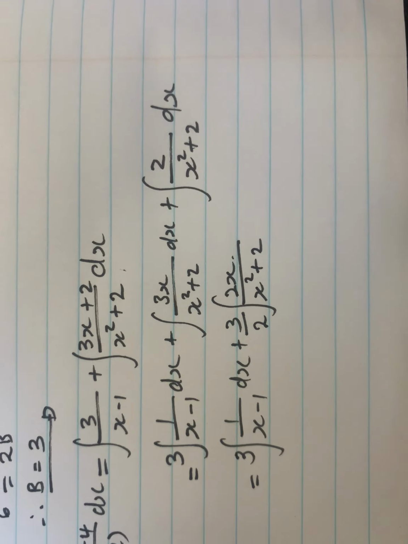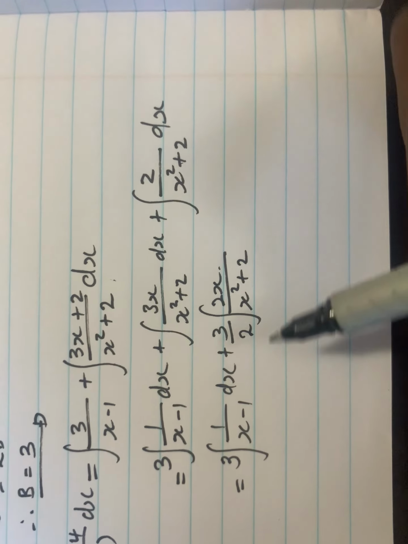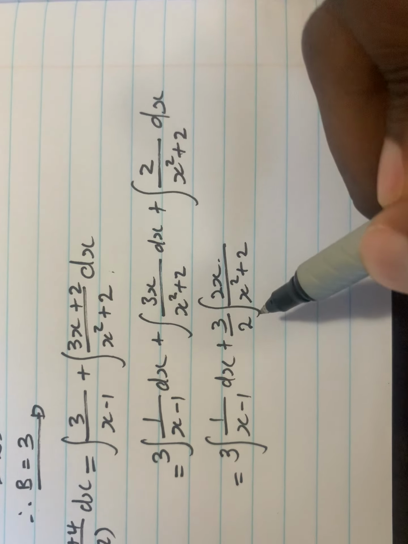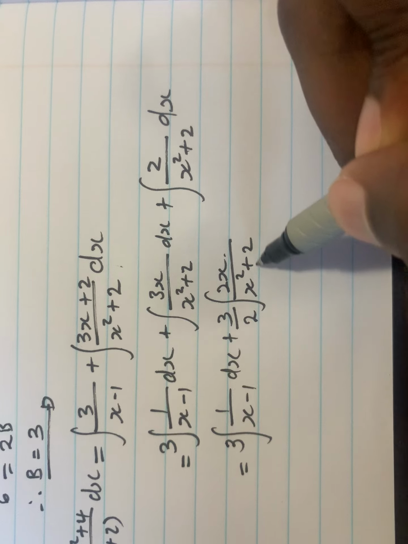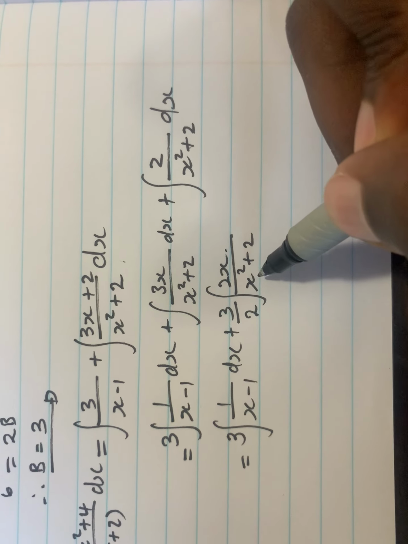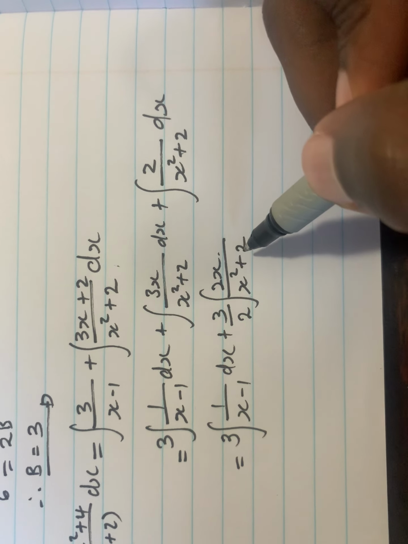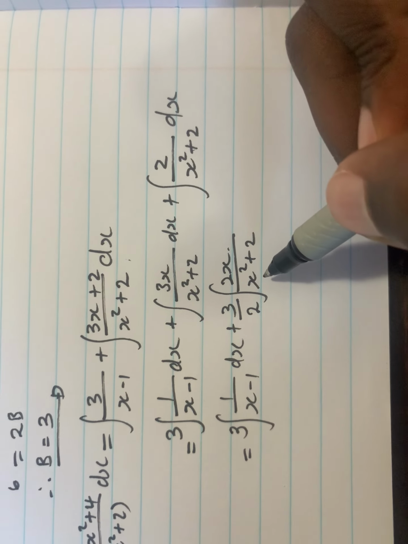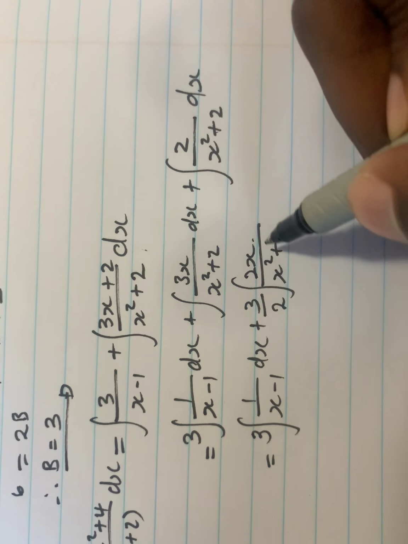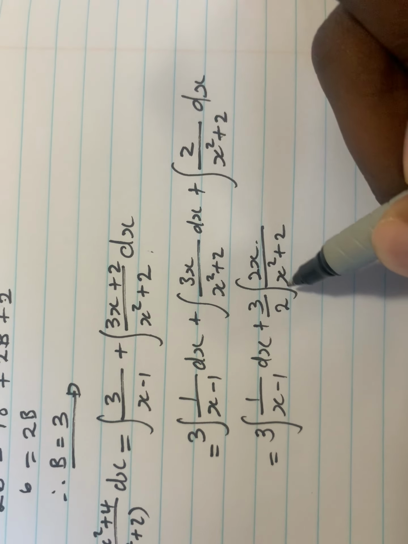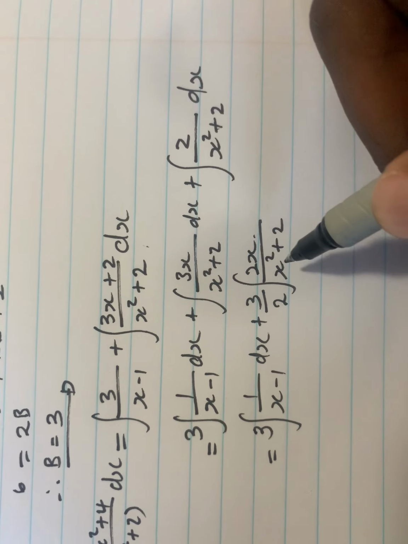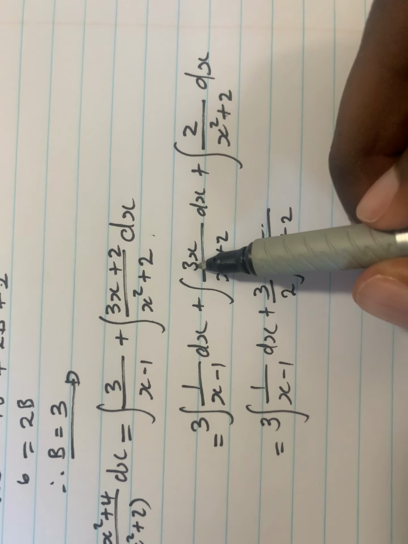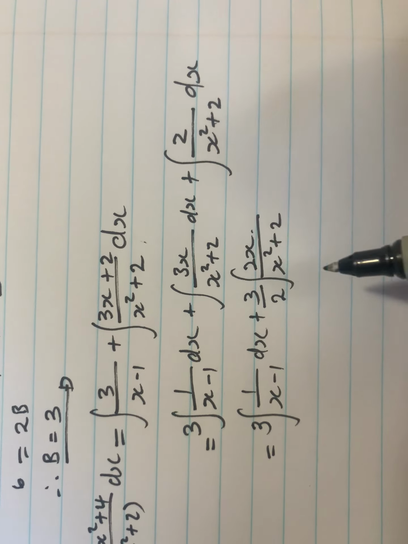So if you don't understand what I'm trying to do here, what is the compensating, if we derive here, we will find that our derivative of x squared plus 2 is 2x. So we don't have a 2x, but we have x, after taking out the constant of 3.